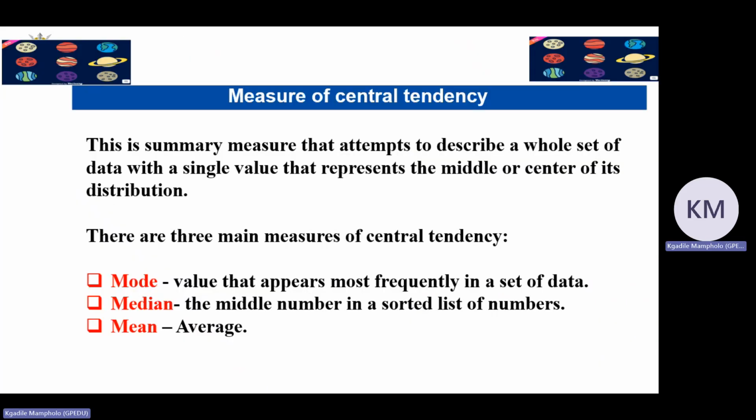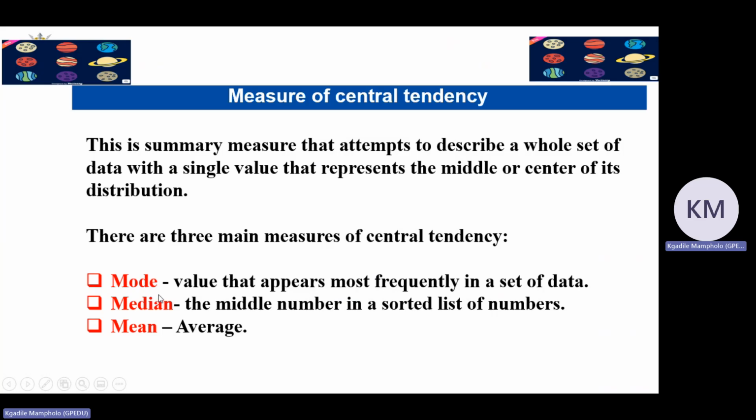Now, first, let's look into the measure of central tendency. This is the summary measure used to describe a whole set of data. For instance, if in a test most learners got 60%, there's a high likelihood that other learners got marks around that percentage.